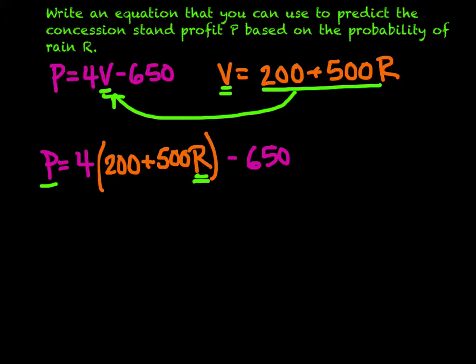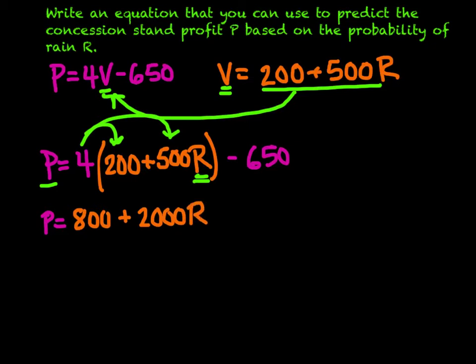Let's simplify this though, because I see that we can do the distributive property with this 4 and make it less complicated. So we have P is equal to 4 times 200, which is 800, plus 4 times 500, which is 2,000, times the percent chance of rain, minus 650. Now we have to find like terms. I see this 800 doesn't have an R connected to it, and neither does this minus 650.